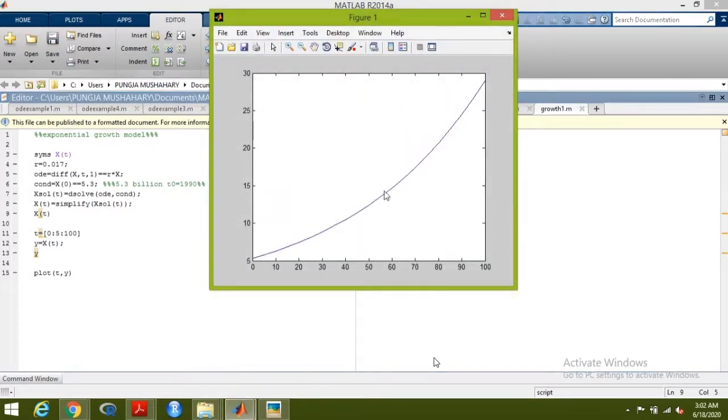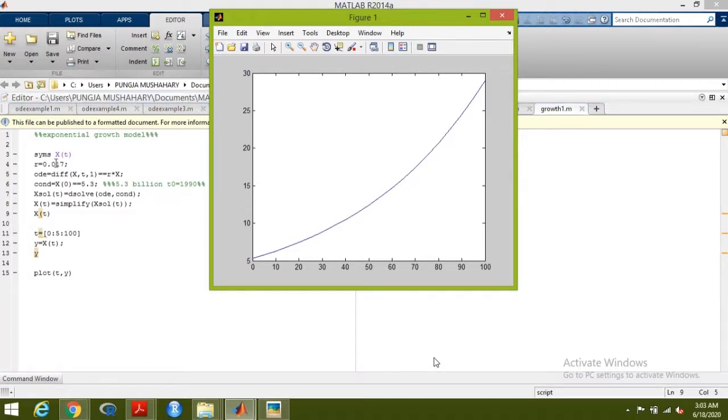So you got to see the whole picture of the growth model, as the year goes on increasing and how the population increases. In the same way, you can predict when you know the growth rate, this R. This is the main thing here. It plays the main role, the growth rate.